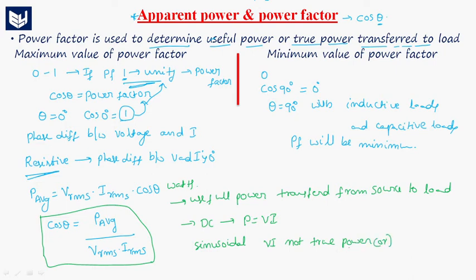Then what is it called? If you apply a sinusoidal voltage, the product of the effective values of voltage and current is called apparent power.